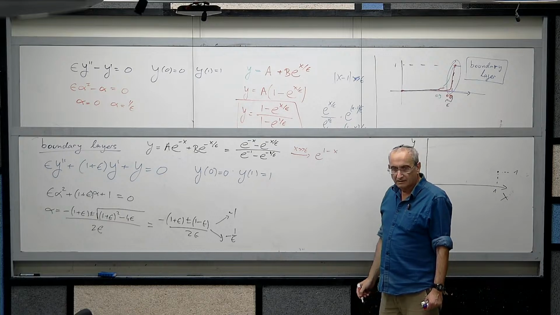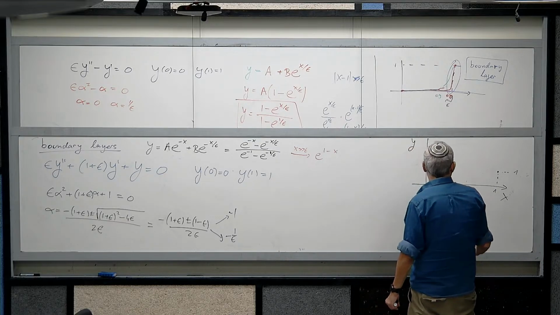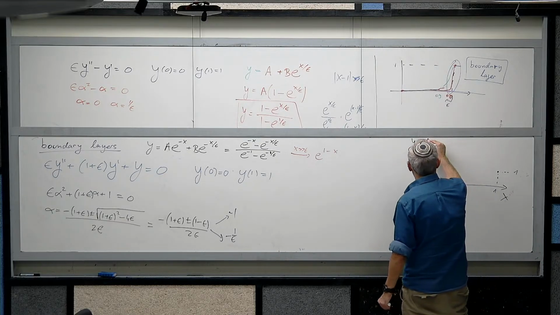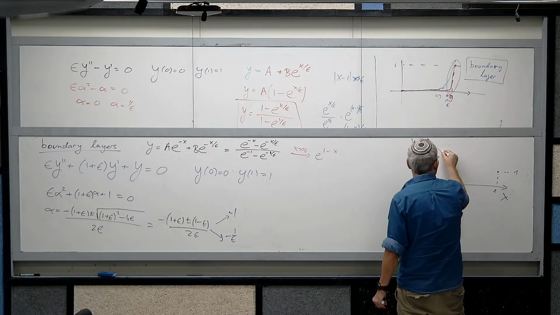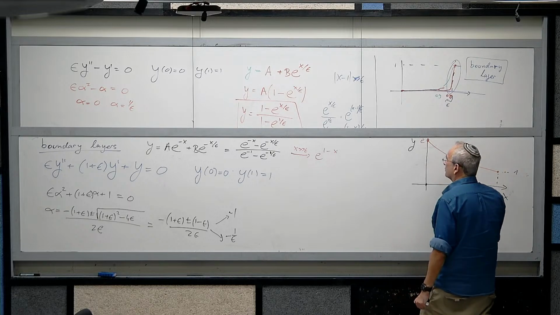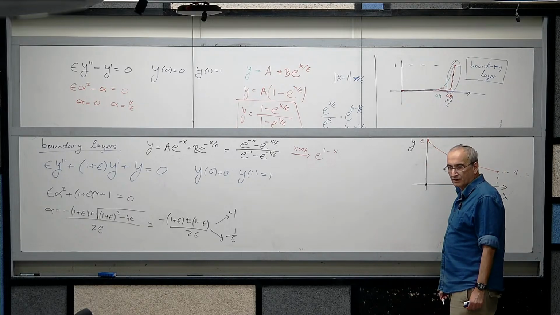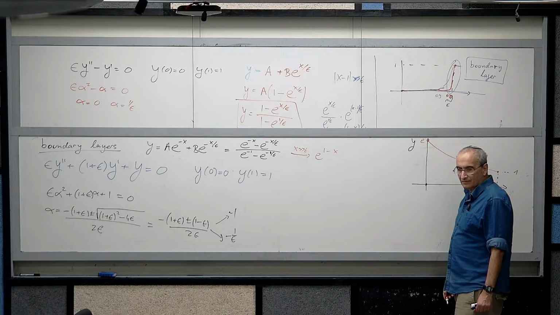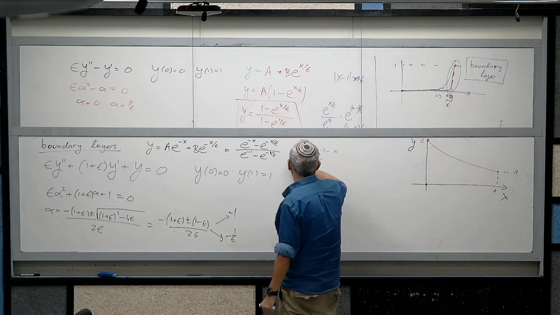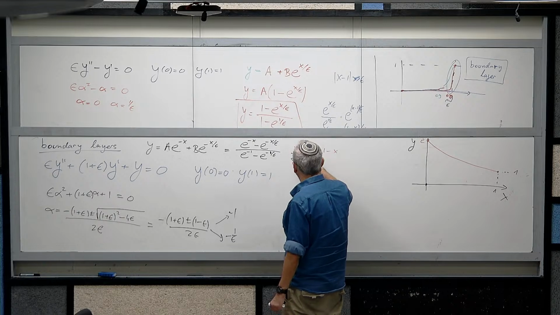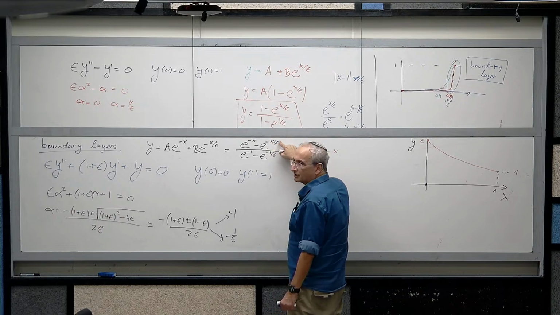Now, if x is much bigger than epsilon, then I have here e to the minus infinity.